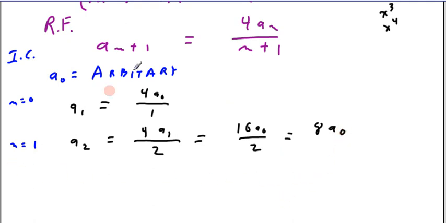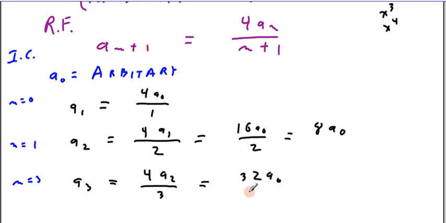Okay, and then I look at n is equal to 2, and I've got A3 is equal to 4 A2 divided by 3, which is going to be 4 times 8, 32 A0 divided by 3. All right.